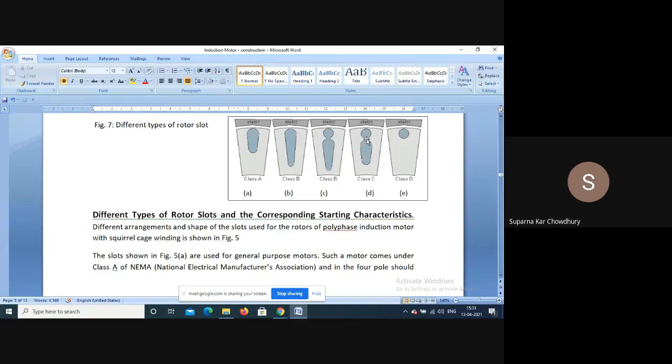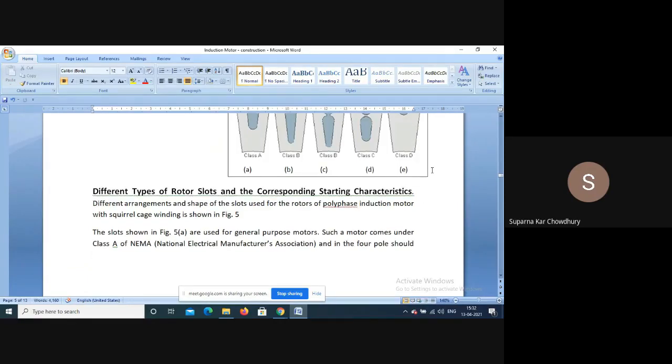Here there is a constriction. You can see that the conductor is continuous here. Here we have two different parts and a constriction in between, so that increases the inductance of the lower portion further, and this one is only using this upper bar. So this is class D.